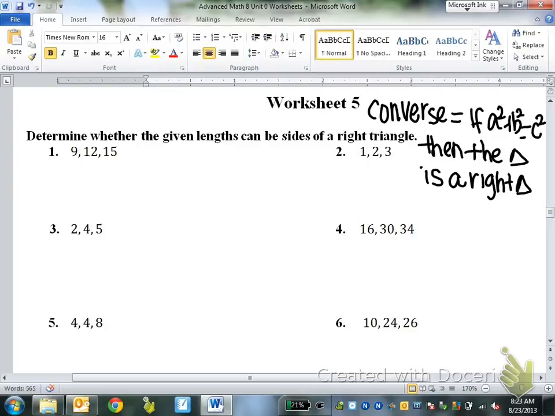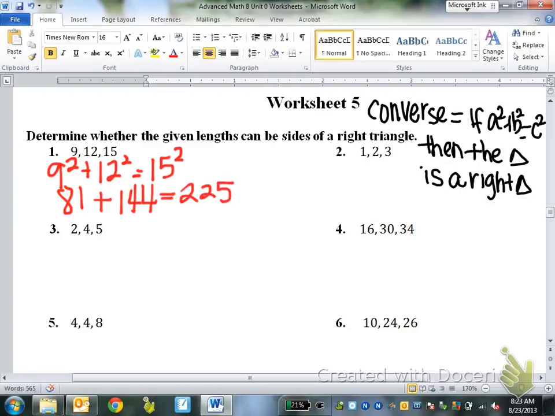We are going to plug in 9 for a, so that's going to be 9 squared plus 12 squared, and we want that to equal 15 squared. Then we're going to do all of the math on these. 9 squared gives me 81 plus 12 squared, which is 144, equals 15 squared, which is 225.